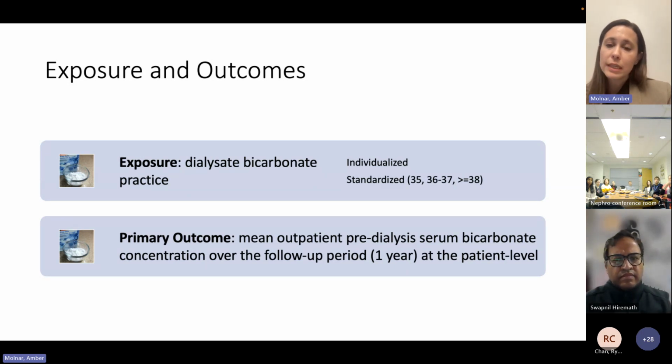And then others were using a standardized approach whereby almost all patients in a unit just get prescribed the same concentration. And these units prescribed either 35 millimoles per liter, somewhere between 36 to 37, or more than or equal to 38 millimoles per liter. And our primary outcome was the mean outpatient pre-dialysis serum bicarbonate concentration over a follow-up period of a year.